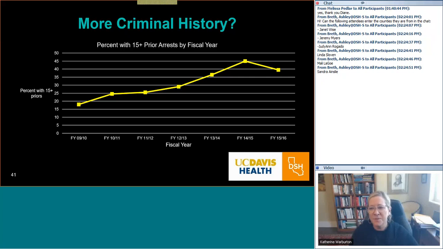And by fiscal year 14-15, it was up around 46%. So in that short span of time, the criminal arrest histories of individuals who were being admitted as incompetent to stand trial pretty much just exploded. And what this really means to us, when you look at the fact that the psychosis hasn't changed appreciably, is that more and more individuals who have psychotic disorders in California are experiencing criminal justice contact. Next slide, please.